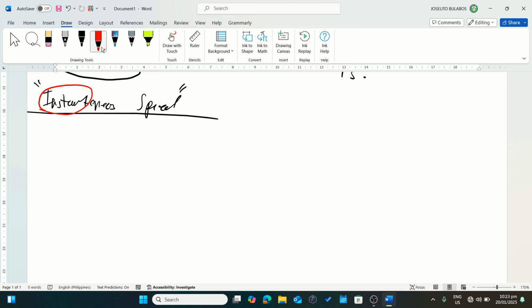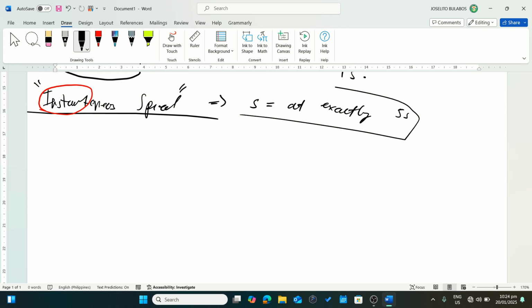Let's say I want to know the speed of the object at exactly, let's say, 5 seconds during its motion.